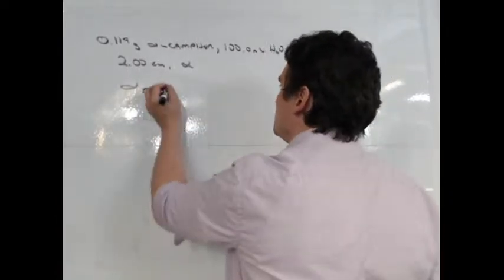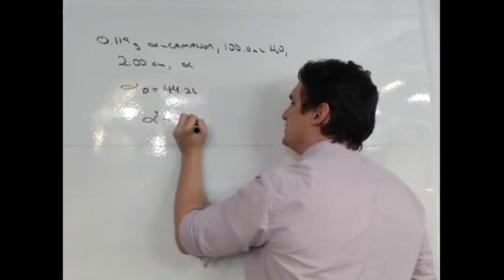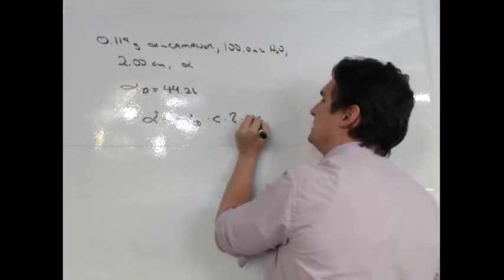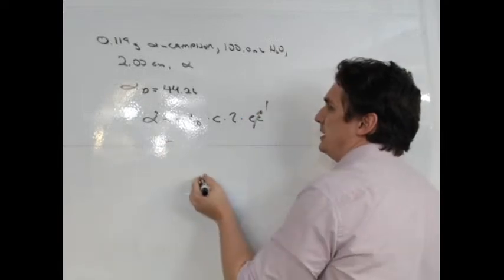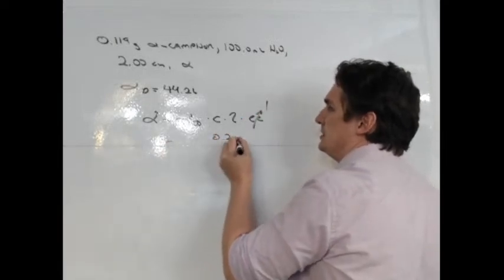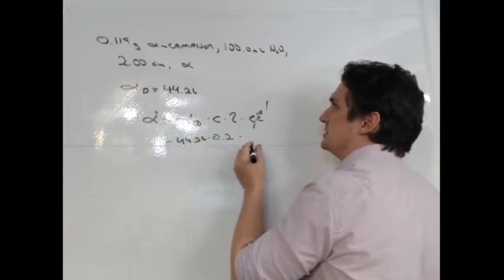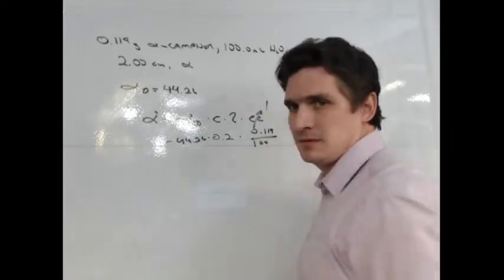It's 44.26. So use the formula alpha equals alpha D times C times L times EE. In this case, we're going to treat EE as 100%. Path length 0.2 decimeters, so 44.26 times 0.119 divided by 100 mLs.